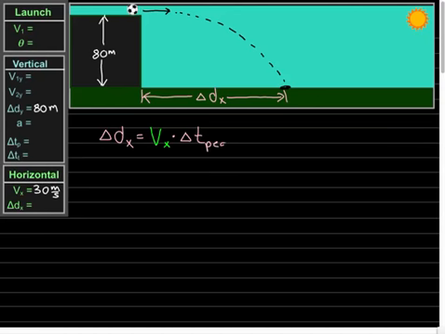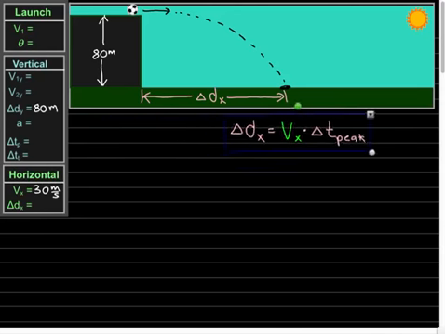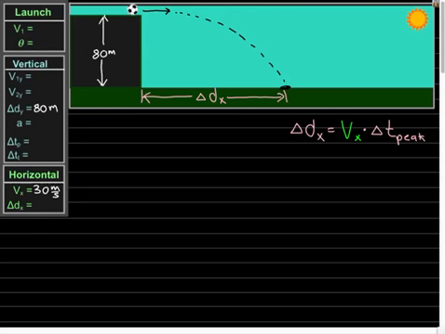In this case, it'll be the horizontal speed times the peak time, meaning the time it takes to fall from the peak. So notice we already know one of these two. We need to find the other unknown, which is the peak time. So I hope you see that all we need to find is the peak time, and we have solved this problem. So let's find the peak time.